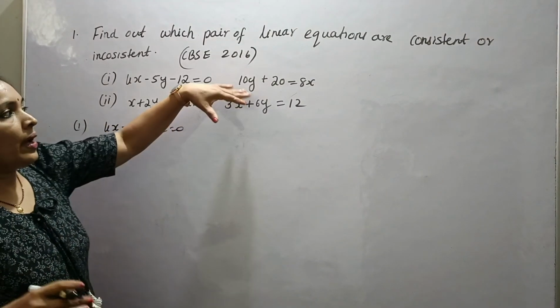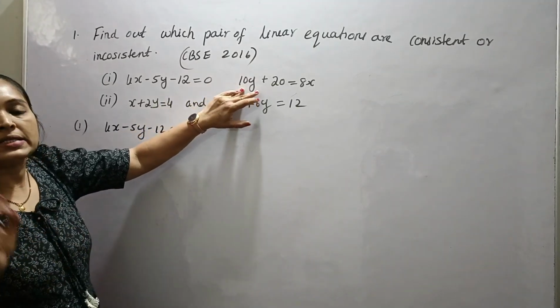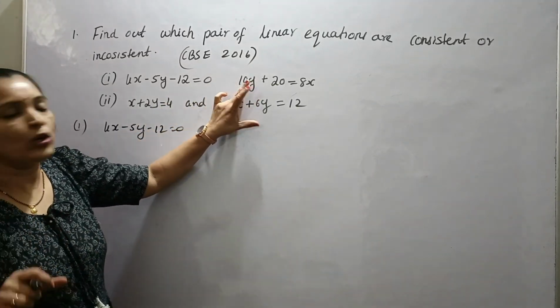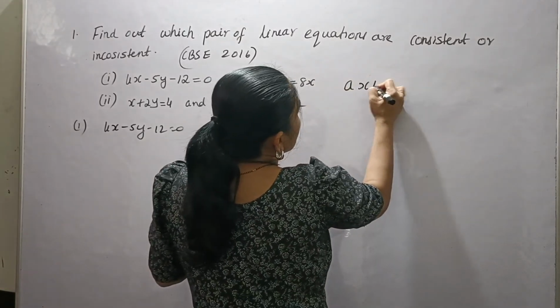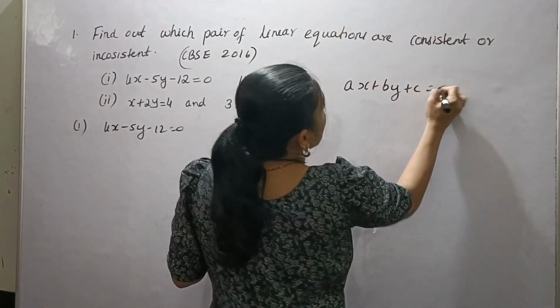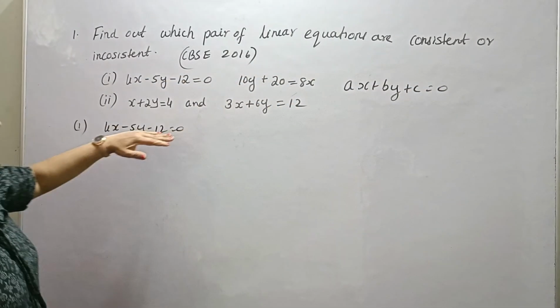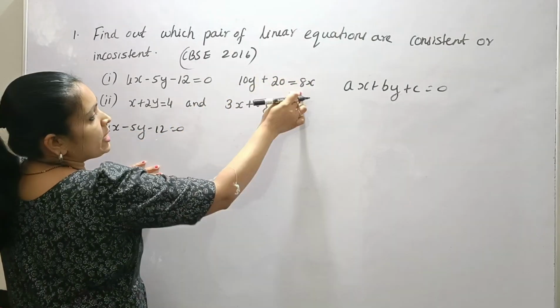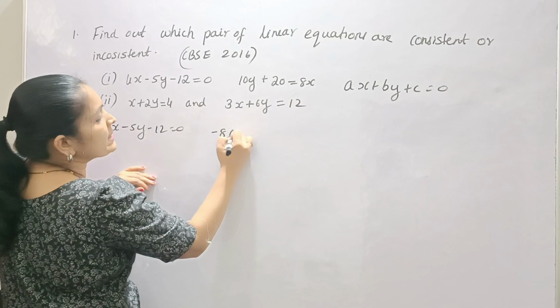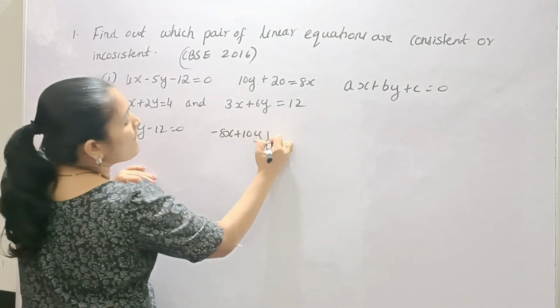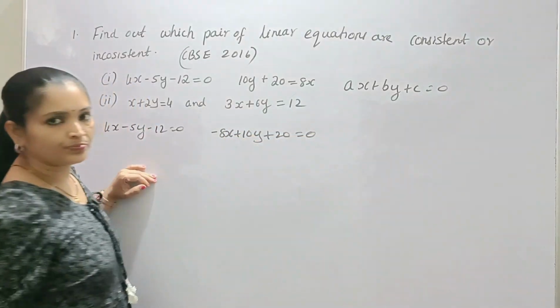And here, we have to write these equations in the general form. We know that a linear equation in two variables is of the form ax plus by plus c is equal to 0. Here we have to make the change. We have to take 8x to the left side, that is minus 8x plus 10y plus 20 is equal to 0.